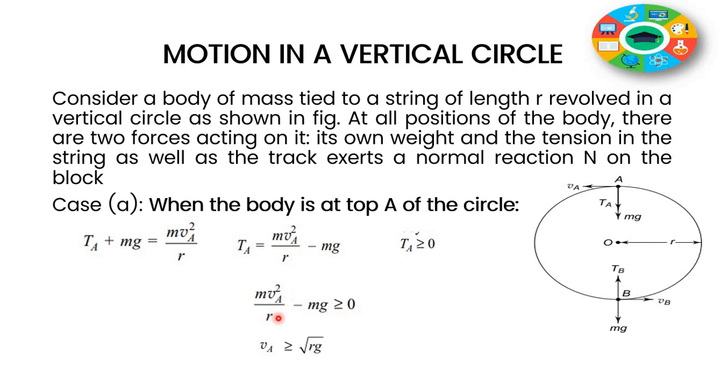The m is cancelled on both sides, and by cross multiplication we get v square greater than or equal to rg, and eliminating the root, VA is equal to root rg. Therefore, VA minimum is equal to root rg. This is the velocity at point A.